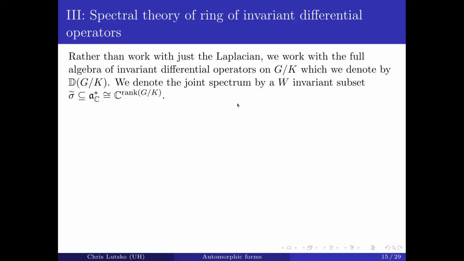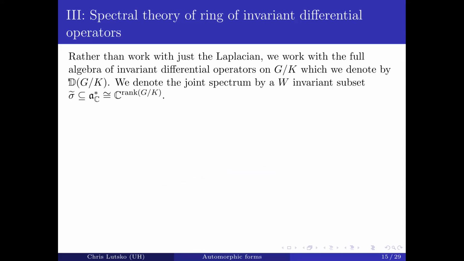So if I have an eigenvalue, it will have to be an eigenvalue of the generators of this ring, and it can be a different eigenvalue for each of the generators.